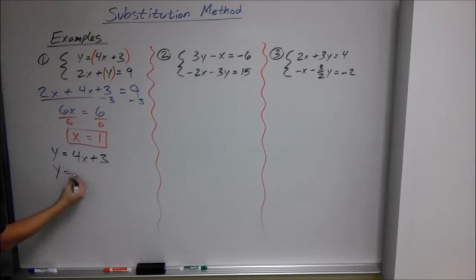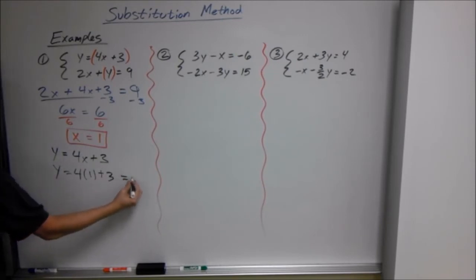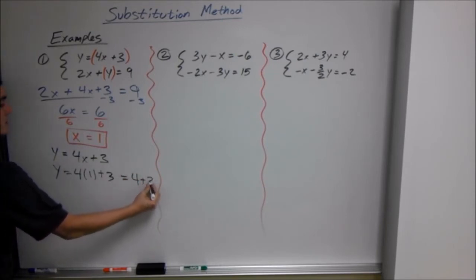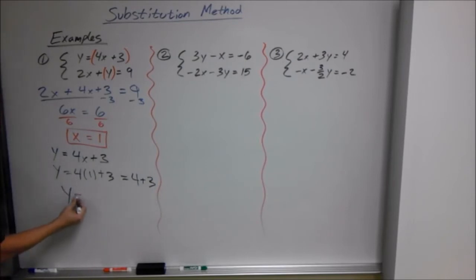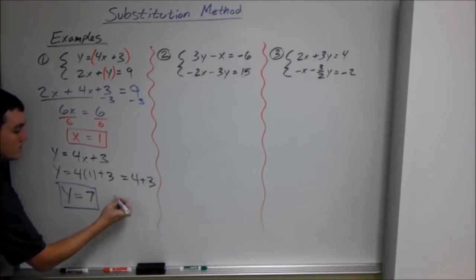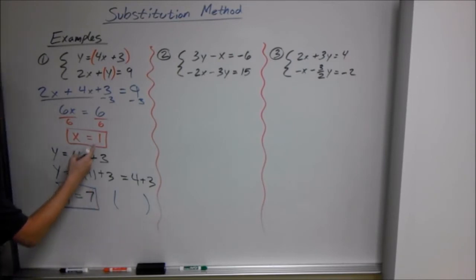So y equals 4 times 1 plus 3. So we get 4 plus 3, y equals 7. And from there we know our coordinate point, because our coordinate point is x comma y. So the answer would be 1 comma 7.